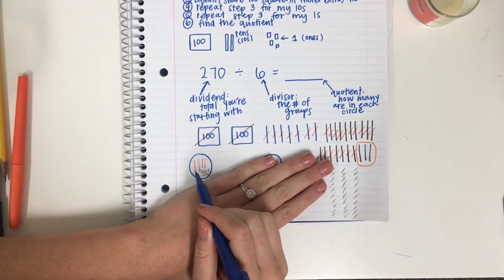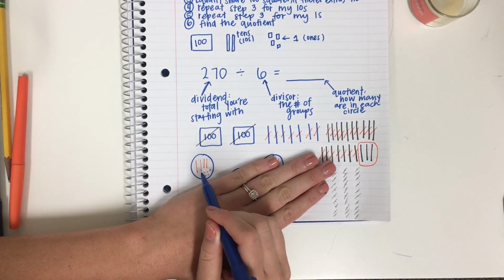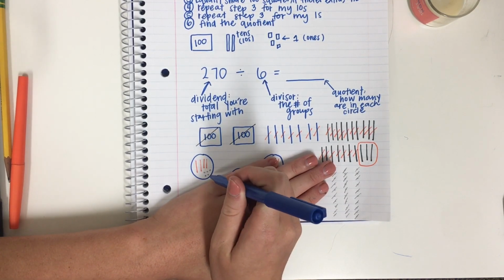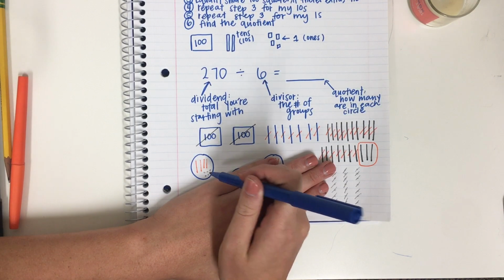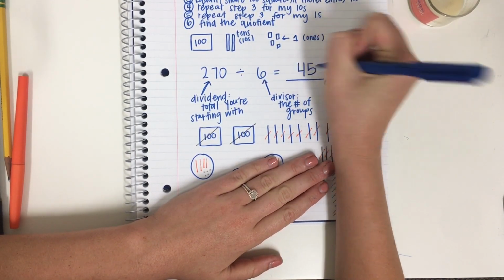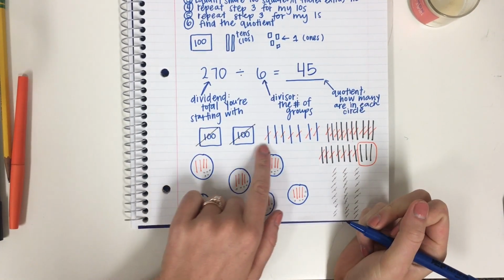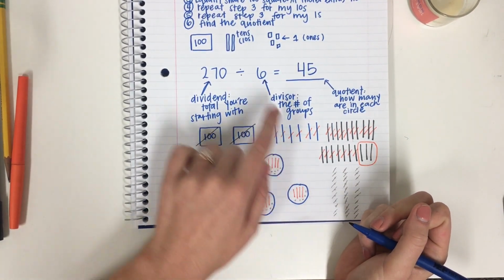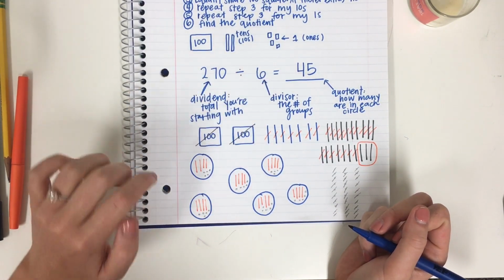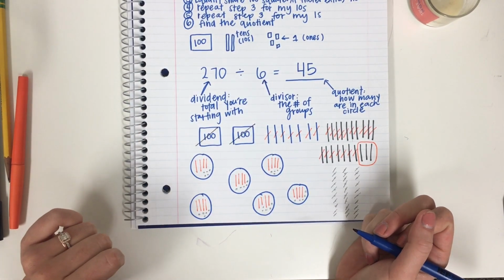So these are 10 rods, so it's 10, 20, 30, 40, 41, 42, 43, 44, 45. So my quotient is 45 because when I take 270, divide it into 6 groups, 45 fit in each group.